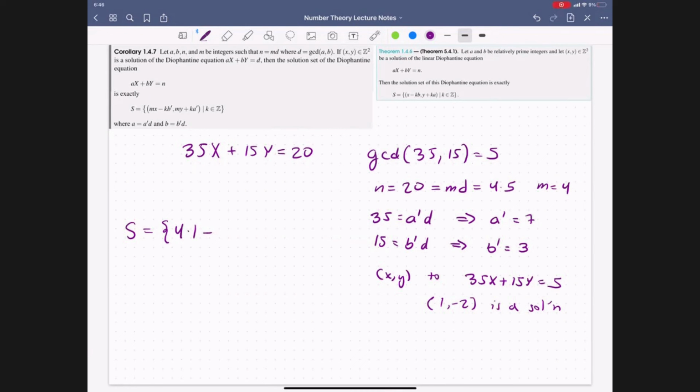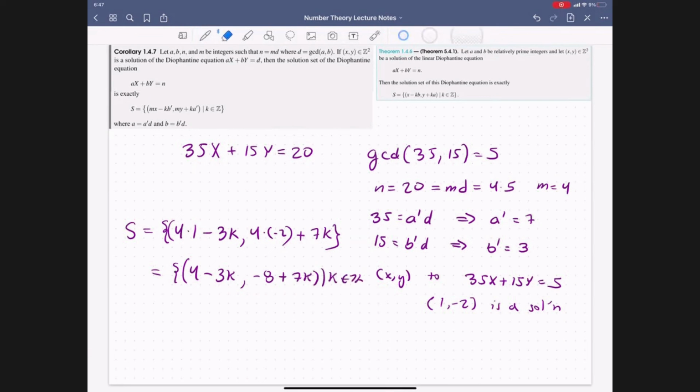B prime is 3, so 3k. And m here is 4, so then times y, which is negative 2, and then plus ka prime, which is 7k. Plus 7k, k is in Z.